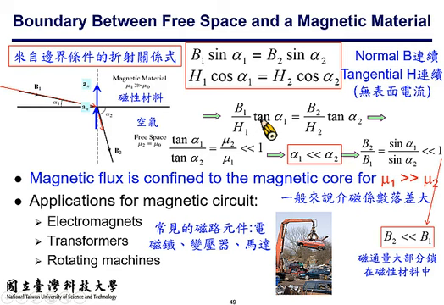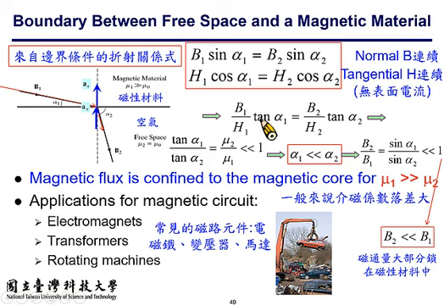It has a permeability mu1, which is much greater than mu sub 0. And the two arrows represent the magnetic flux density across the interface.